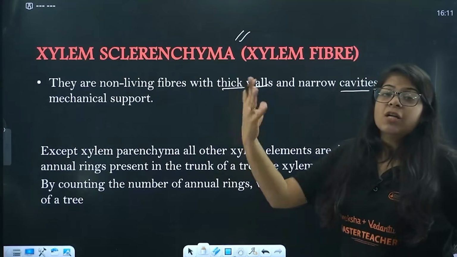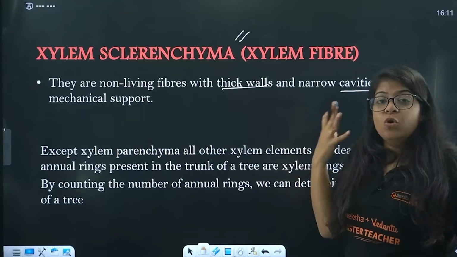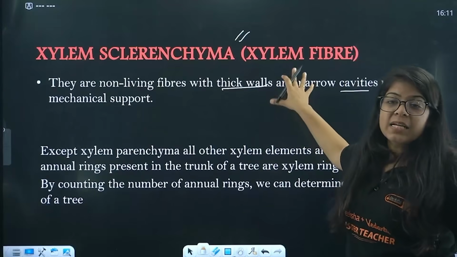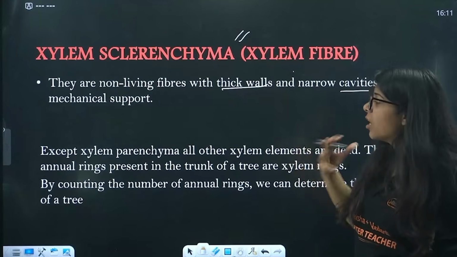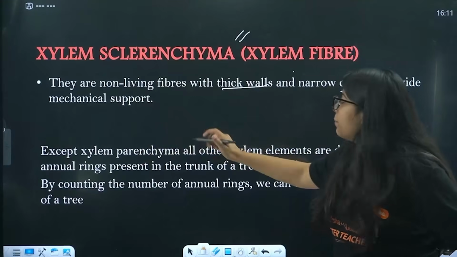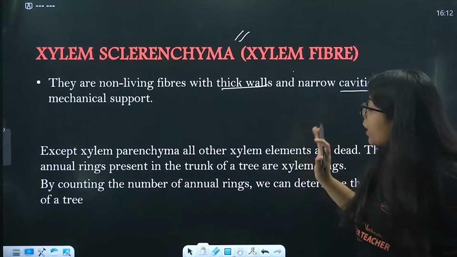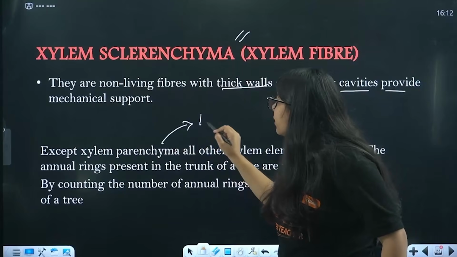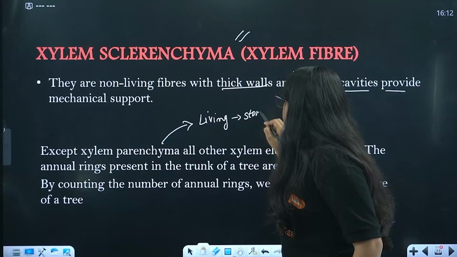Now, the water is going against gravity, so it needs mechanical support to go upward. That is provided by this xylem fiber. Just a conclusion: except xylem parenchyma, all other xylem elements are dead. Why is this one living? Because it stores food.